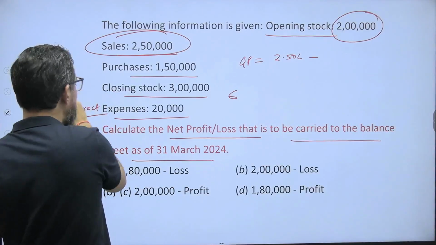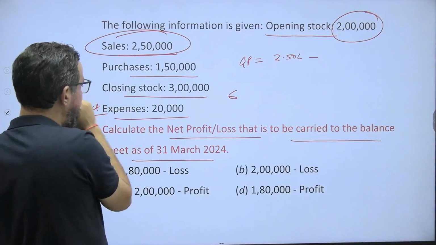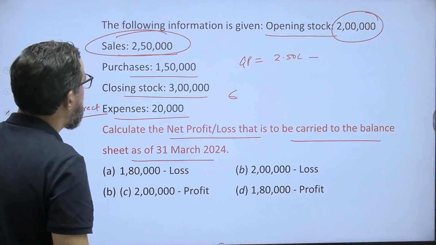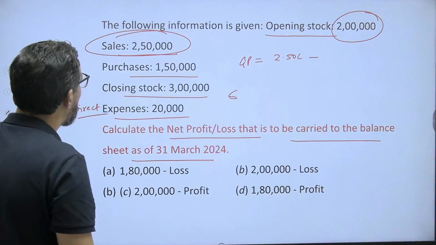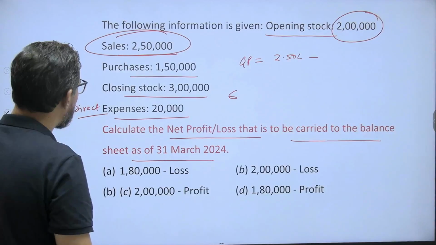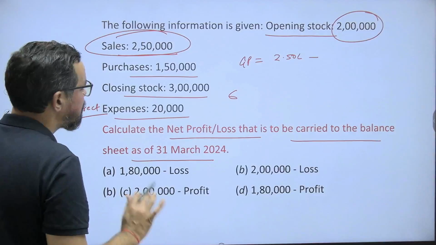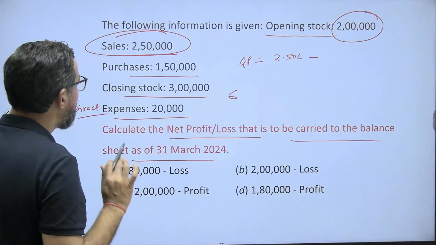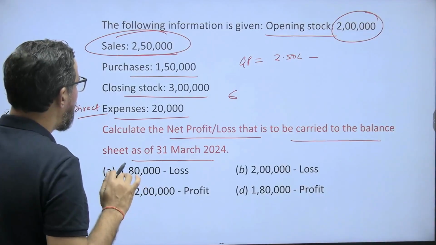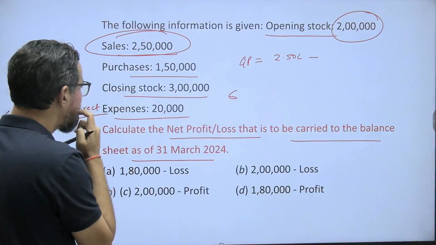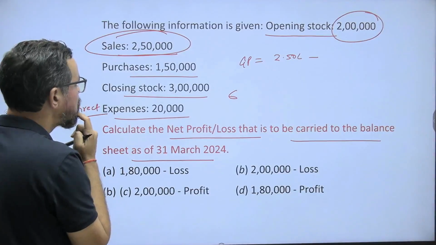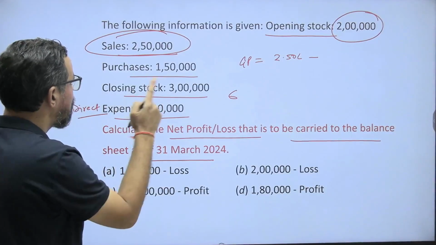So 3 lakh, then sale is 2 lakh 50,000. So 50,000, no, I'm missing something. Opening stock plus purchase minus closing stock. So opening stock 2 lakh, 3 lakh 50,000.